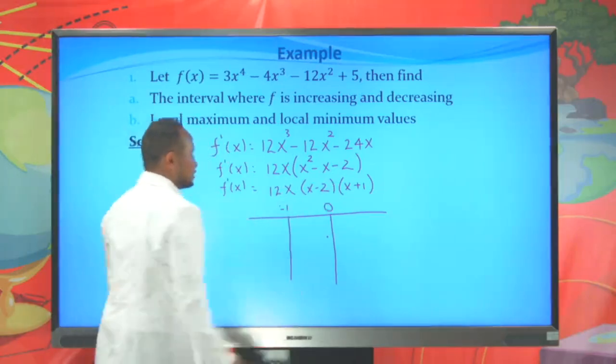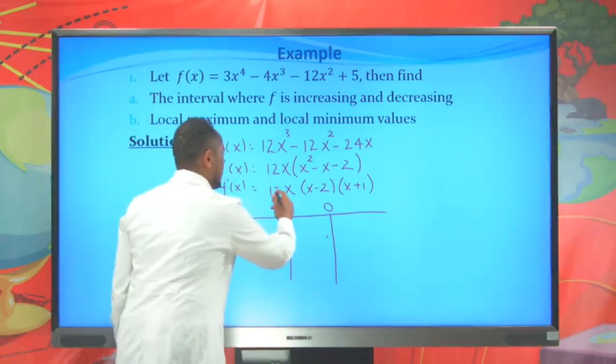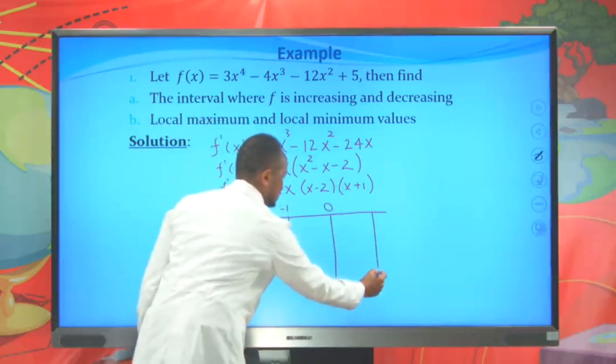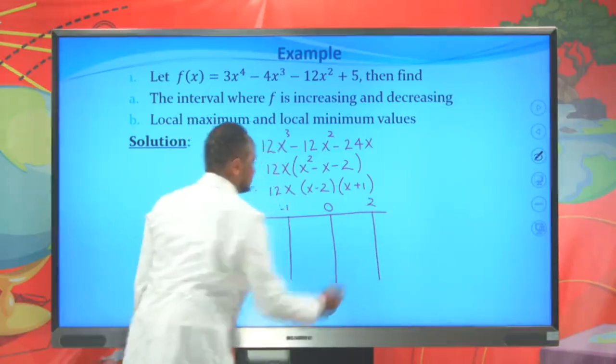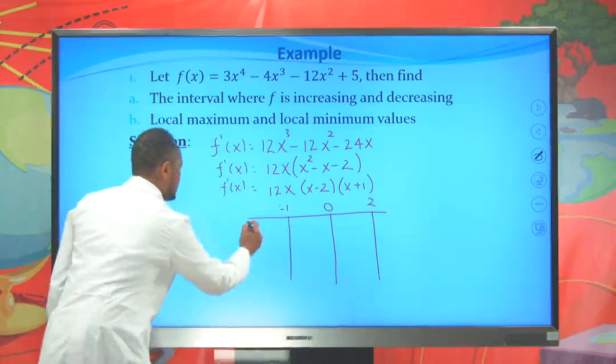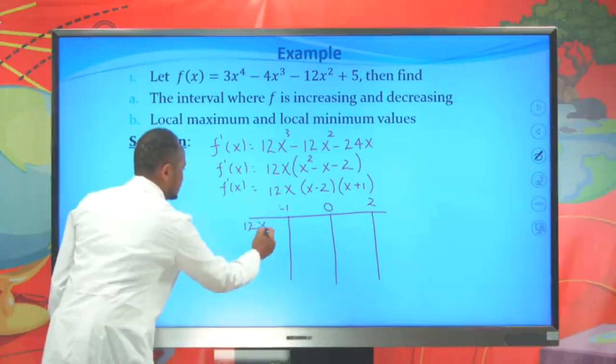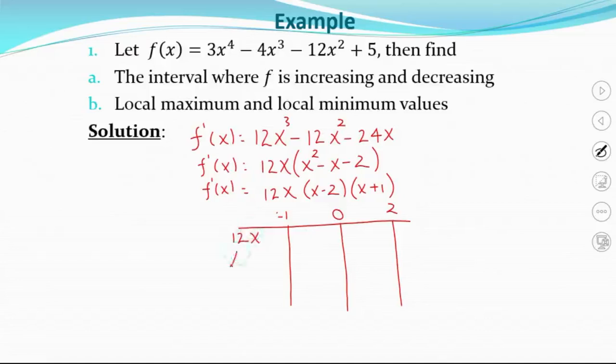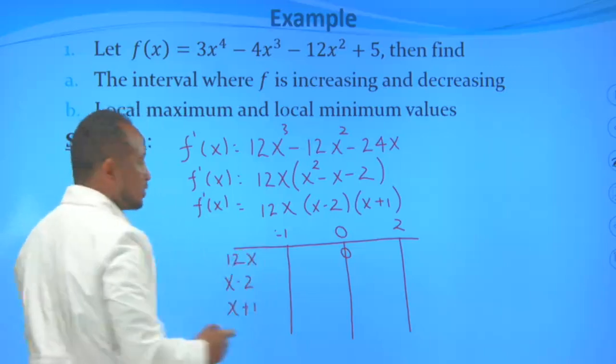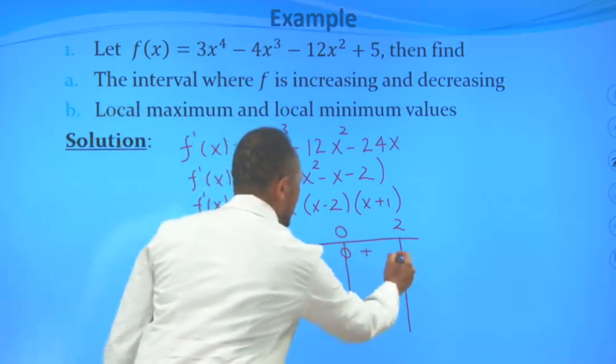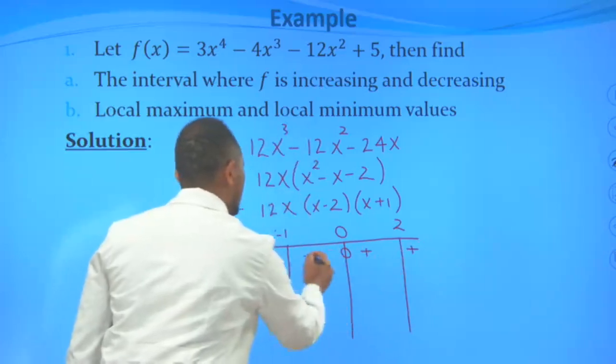In order, we put -1, 0, and 2. And we'll have 12x here, x minus 2, and x plus 1. 12x is 0 at this point, and to the right of this, when you put 1, for example, 12 times 1 is positive. To the right of 0, 12x will be positive. To the left it will be negative.